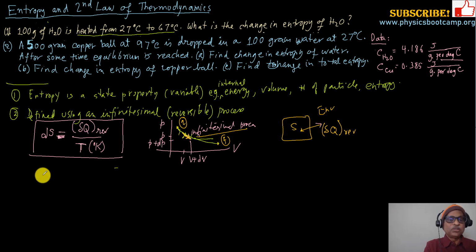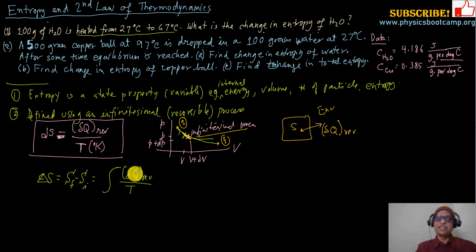So delta S, which is S at the final place minus S at the initial place, is just the integral of delta Q over T. This is a conceptual integral. I can't do this integral yet because there's no variable here. That depends on how I write this.